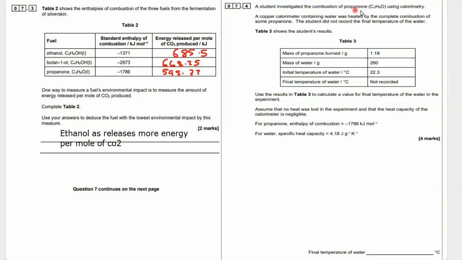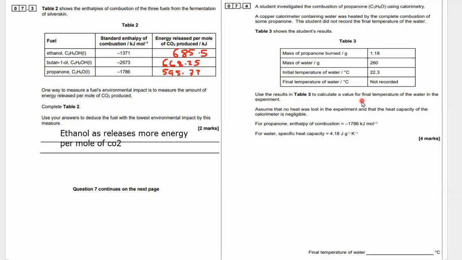7.4. A student investigated the combustion of propanone, C3H6O, using calorimetry. A copper calorimeter containing water was heated by complete combustion of some propanone. The student did not record the final temperature of the water. Here are the results. Mass of propanone 1.18 grams, mass of water heated 260, initial temperature 22.3, the final temperature not recorded.